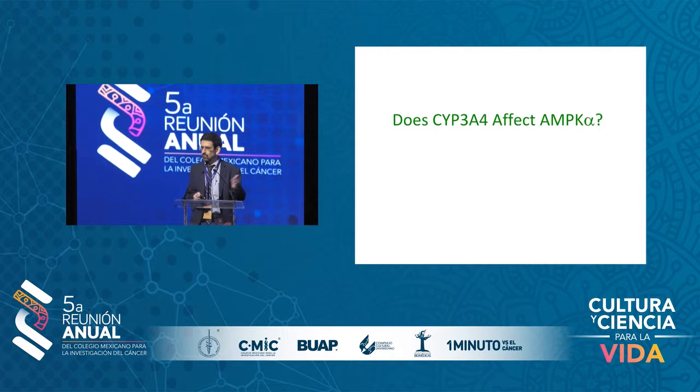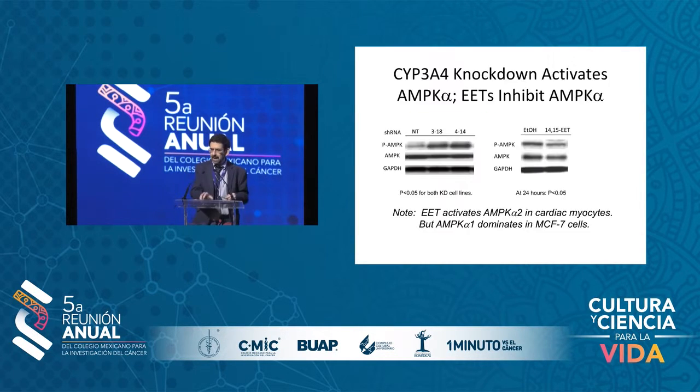So the question then was, does CYP3A4 affect AMPK alpha? And specifically the AMPK alpha 1 isotype found in breast cancer cells. And so we looked at our stable knockdown cell lines, and we found indeed that phospho-AMPK is constitutively present, and that those cells are in a state of constant autophagy.